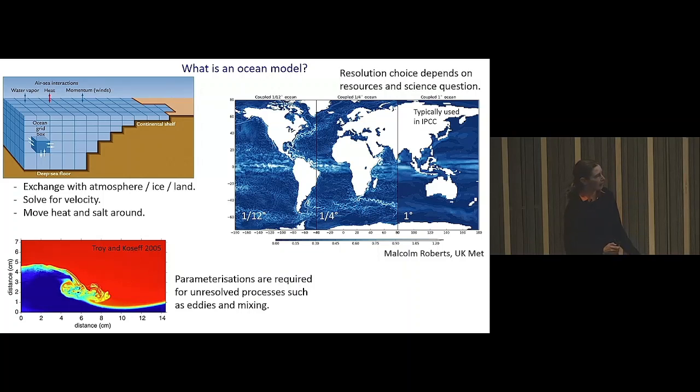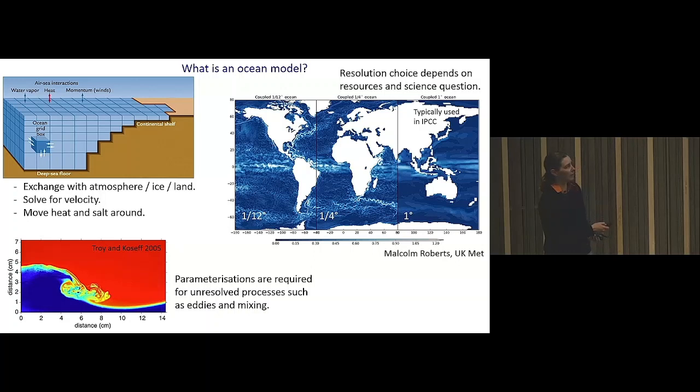Another important part of climate models is that even once you get to this eddying resolution, there's still a whole suite of processes that we can't resolve. Some of these are mixing. If you have two different layers of density in the ocean, the mixing of these two layers occurs by turbulence down to centimeter scales.